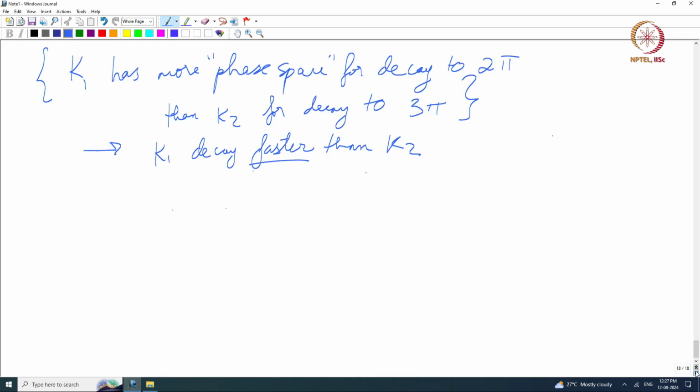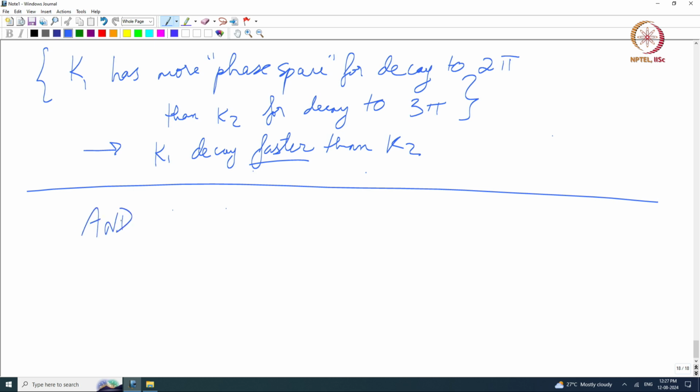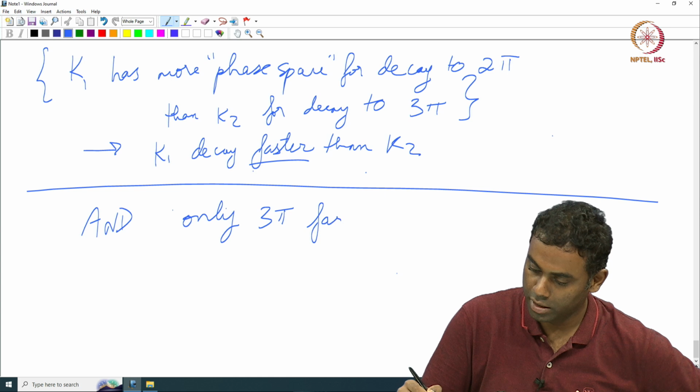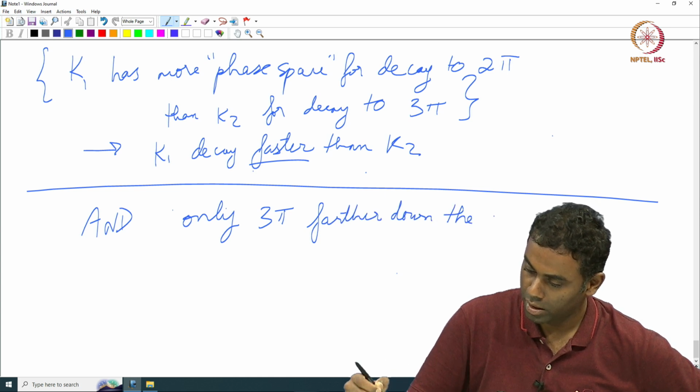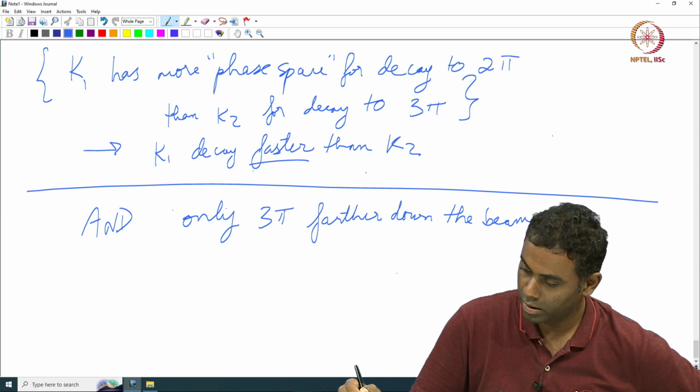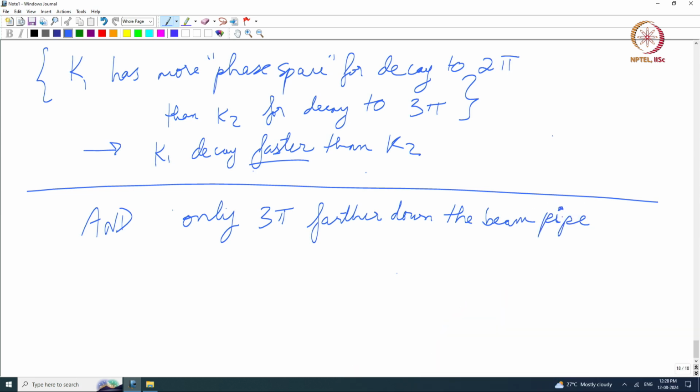And at the same time, I will get only 3 pi farther down the beam pipe. Basically, think of K0s as roughly moving in a straight line, they are not, but farther down where the beam is, you will get 3 pi's coming from the K2s.